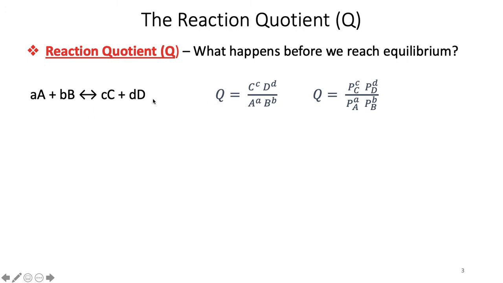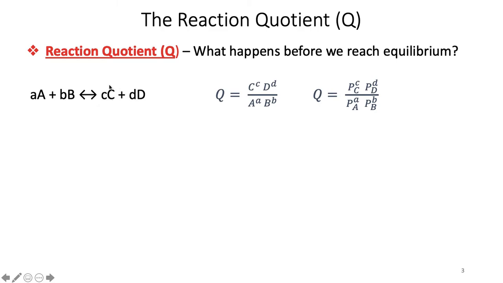But in a general reaction like this, where I have a moles of A plus b moles of B, giving me c moles of C plus d moles of D, I write the reaction quotient in this manner. I have the product of the concentrations of my products raised to the power of the molar coefficients in front of them.